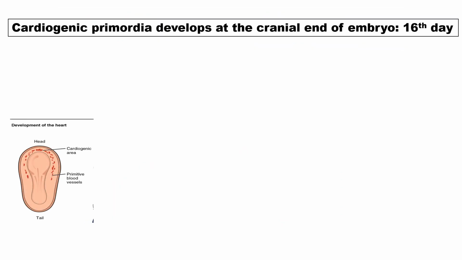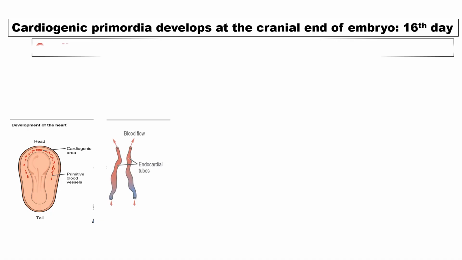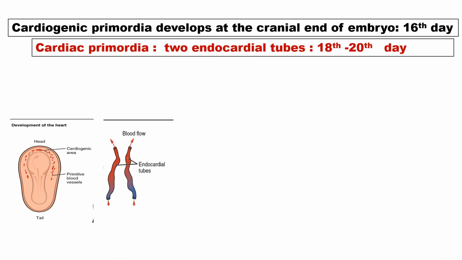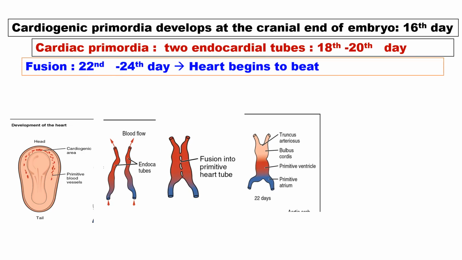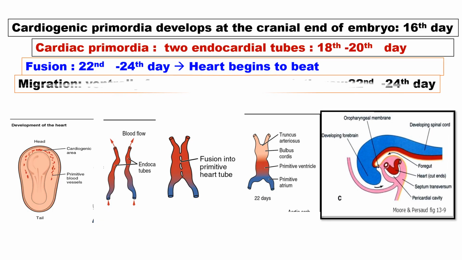Cardiac primordia develop at the cranial end around the 16th day. Cardiac primordia consist of two endocardial heart tubes on the 18th to 28th day. Fusion of the two endocardial heart tubes is around the 22nd to 24th day, and the heart beats as early as the 24th day.